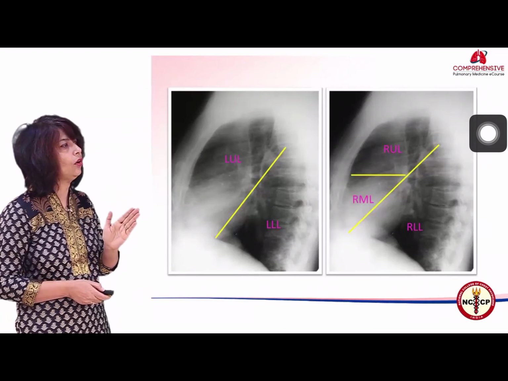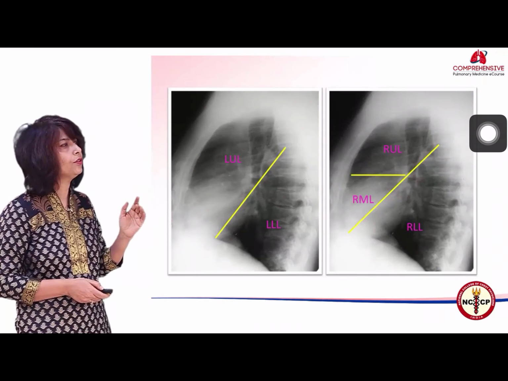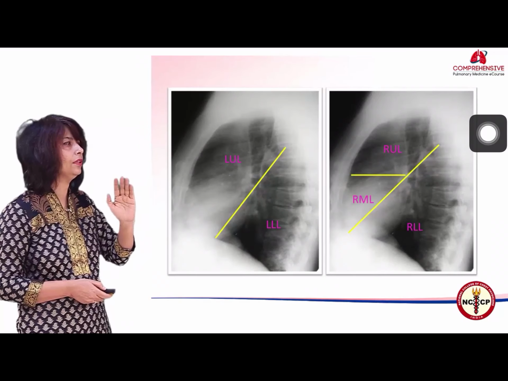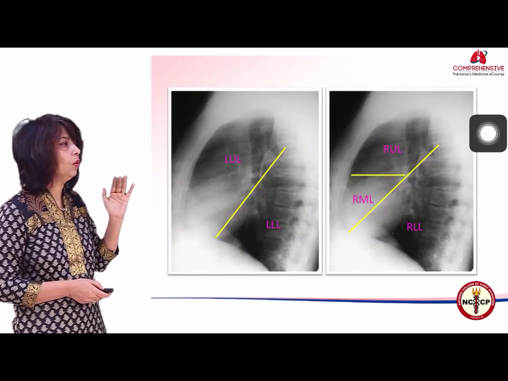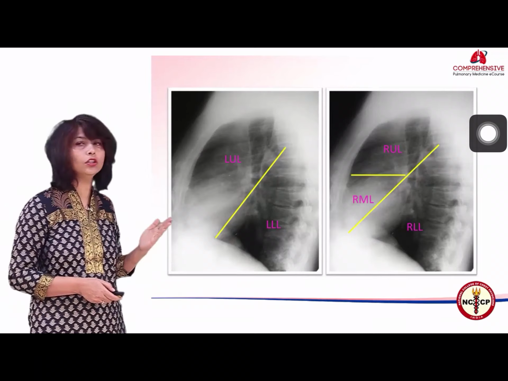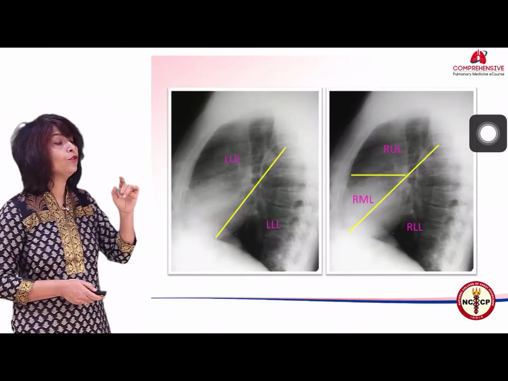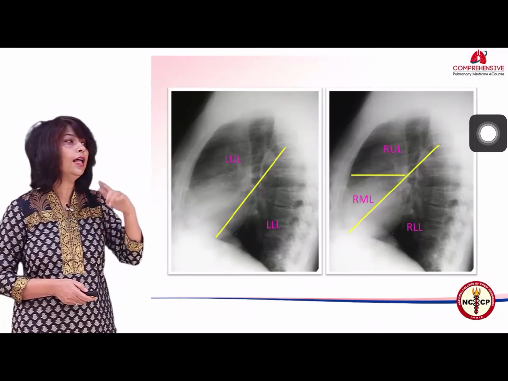The situation on the right and left side is different because of the minor fissure, but if you combine right upper lobe and right middle lobe, then the volume becomes similar to the left upper lobe. Also to be noted is that the slope of the oblique fissure on the two sides is a little different. You will often be asked in the exam, if you can see both the fissures, which one is the right and which one is the left.